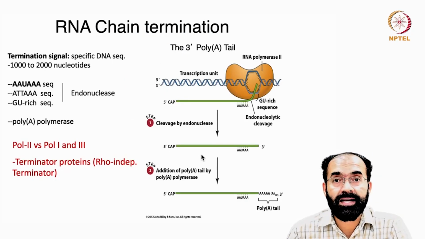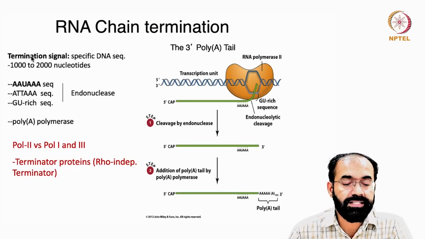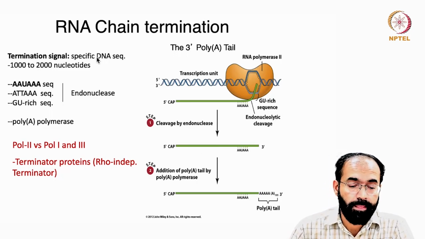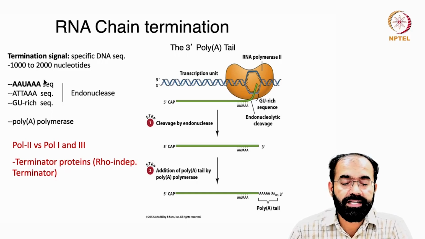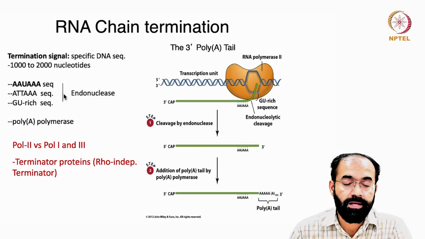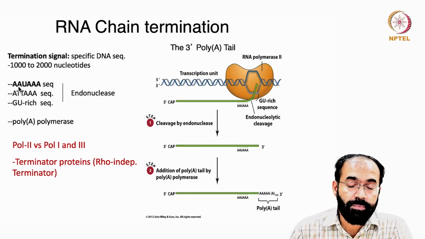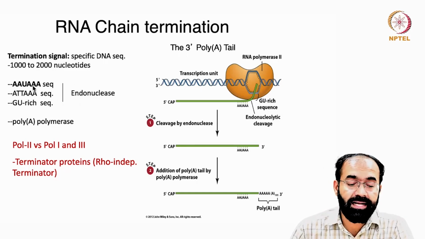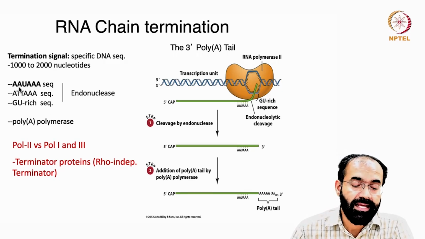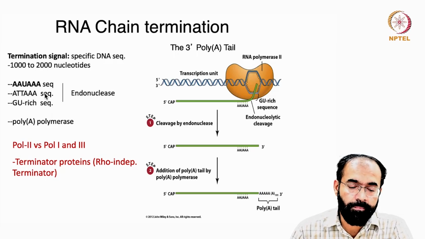So then comes RNA chain termination. The termination signal has to be very specific, because the DNA sequence being transcribed can span around 1000 to 2000 nucleotides, and there are specific sequences that can act as a termination signal. What are they? AAUAAA, that is one termination signal, or AUUAAA.